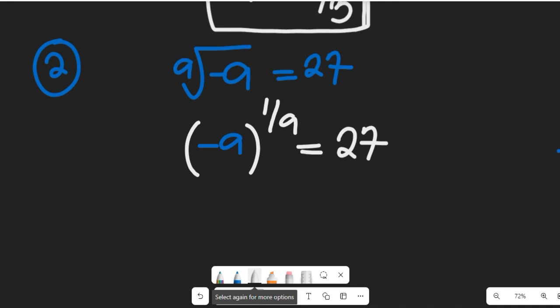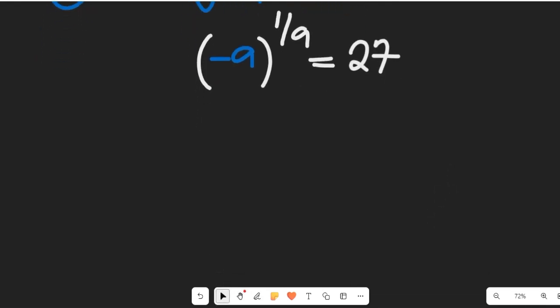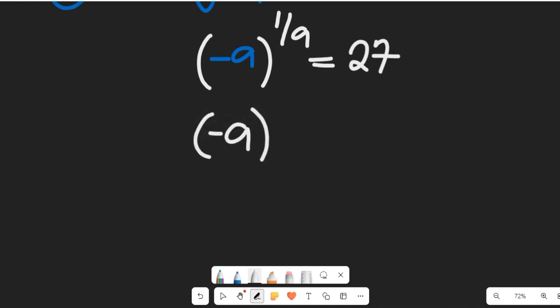I have to take power a of both sides, and that will help me clear the fractional power I have here. So if I multiply both sides by a, I'm going to have that expression now give me (-a) to the power of 1 divided by a multiplied by a, and this will be equal to 27 to the power of a.